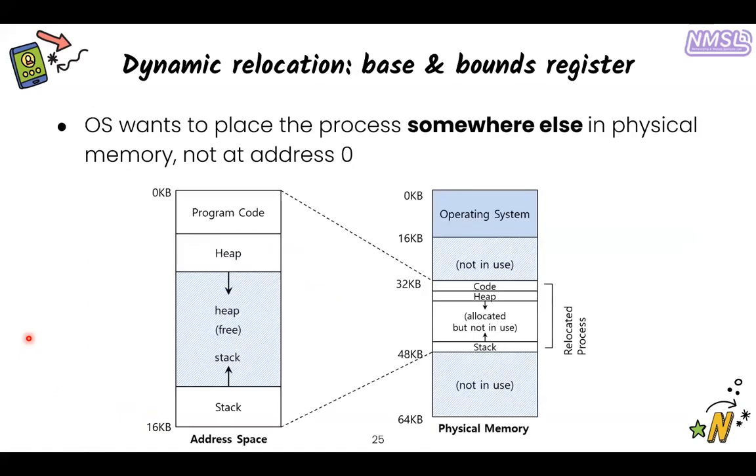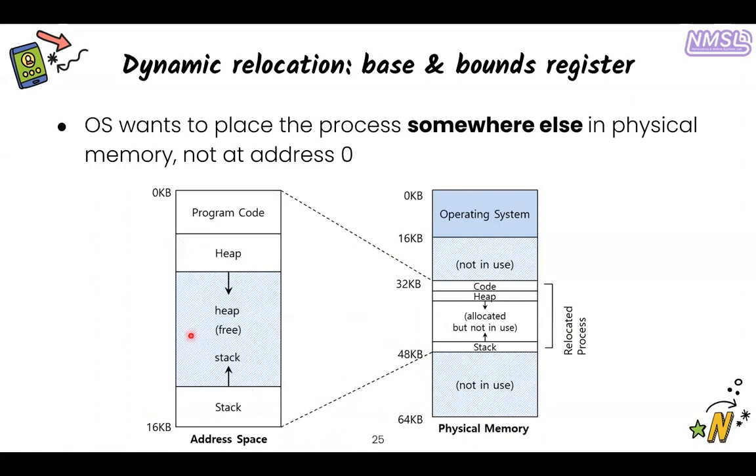So in the physical memory, you have an operating system. It's possible you're not using certain parts. Now this program in the physical memory is from 32K to 48K, right, in the physical memory.